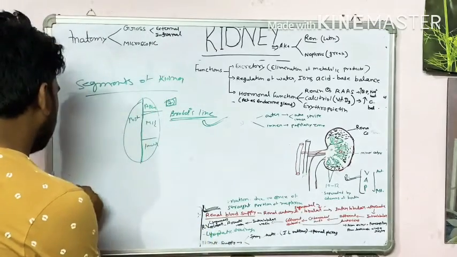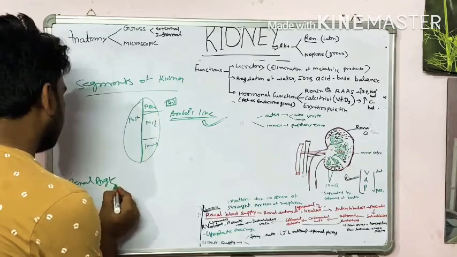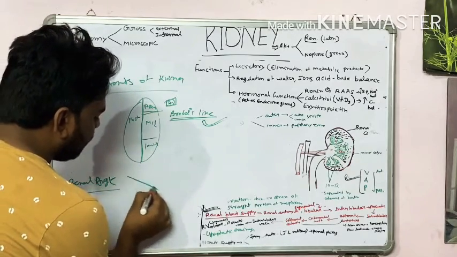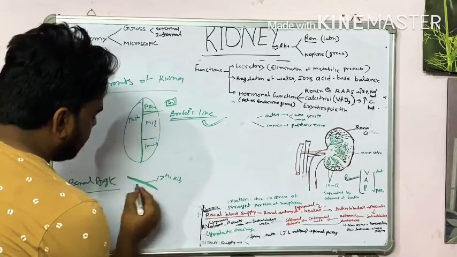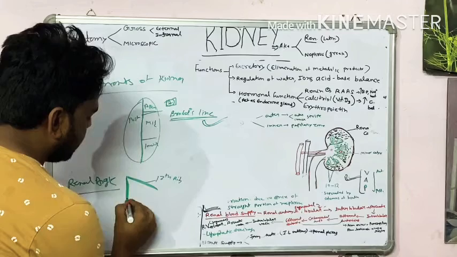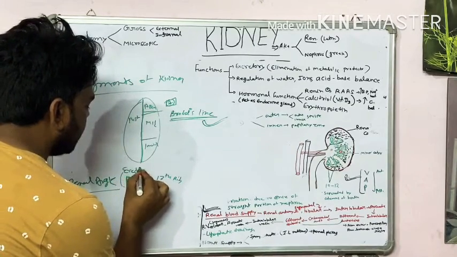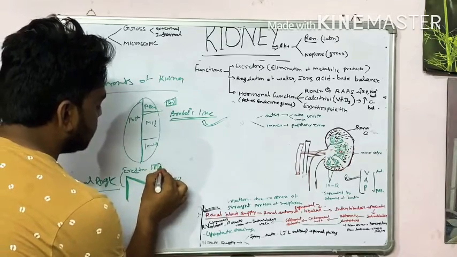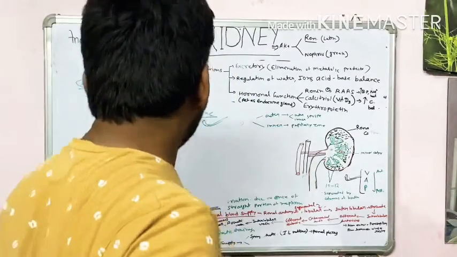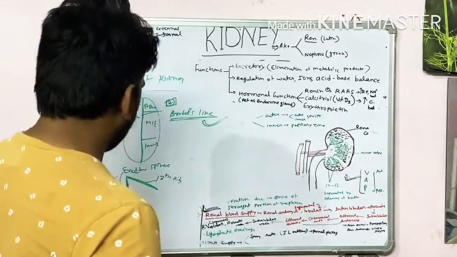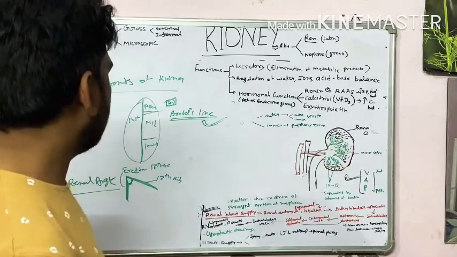Then the renal angle is between the lower border of the 12th rib and the lateral border of erector spinae muscle, the muscle responsible for erect posture. This angle is known as the renal angle.